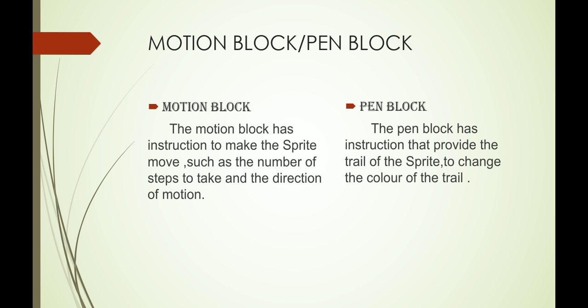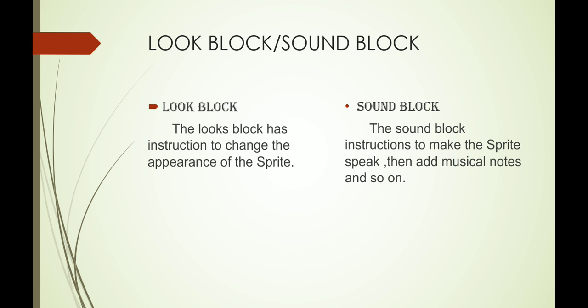Pen block is used to make the sprite draw shapes, and you can change the color of the pen. Look block is used to change the look, that is the appearance, of the sprite. Sound block is used to make the sprite talk or give musical notes.